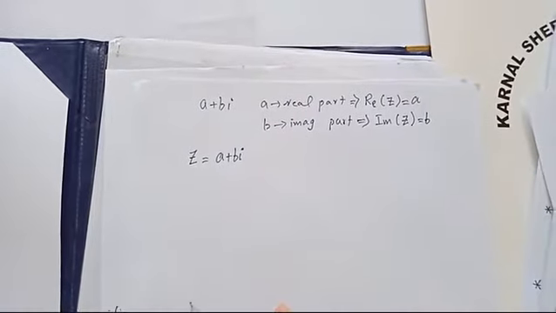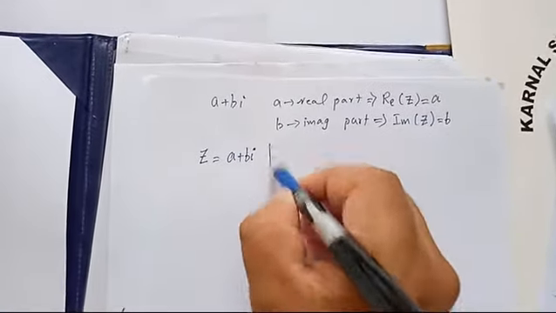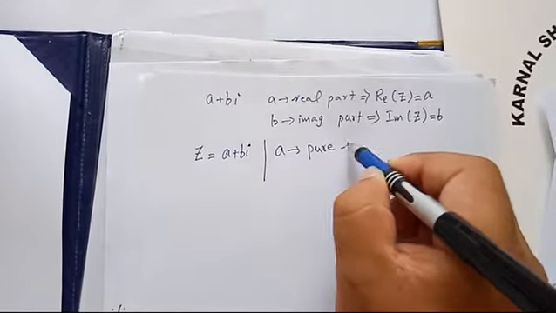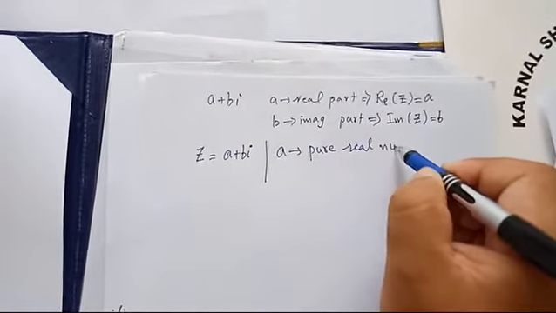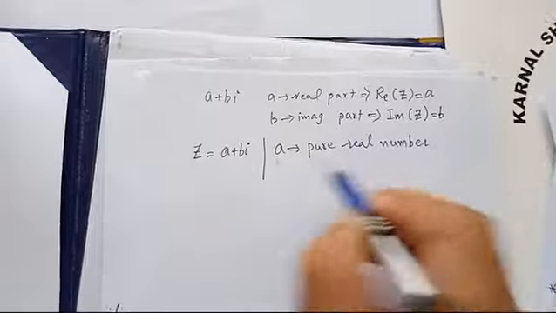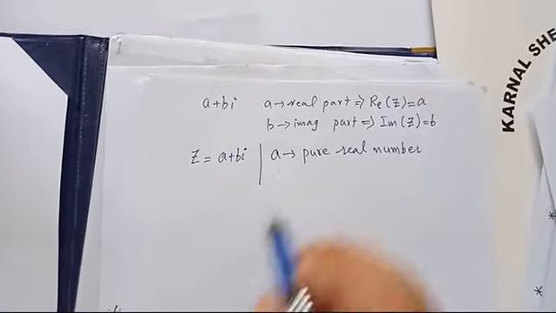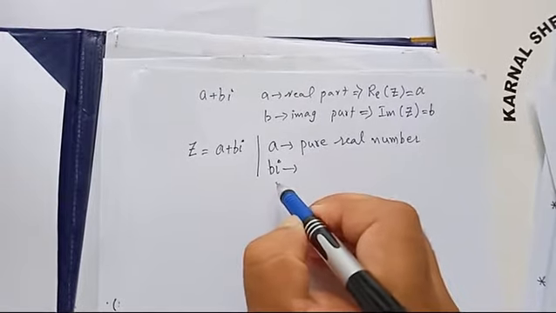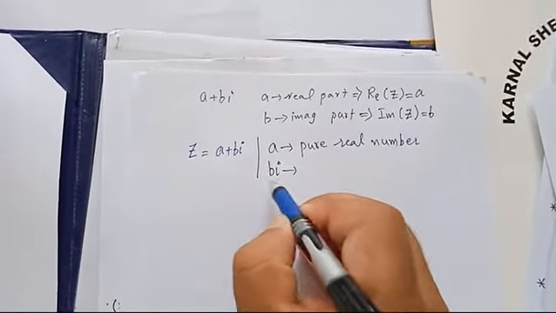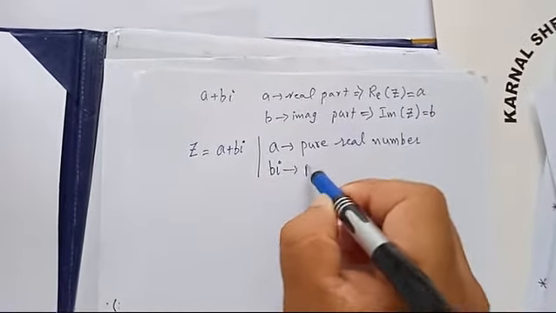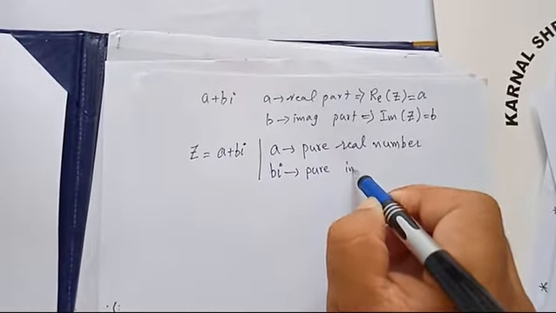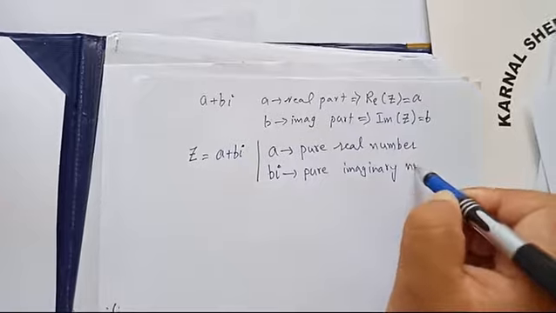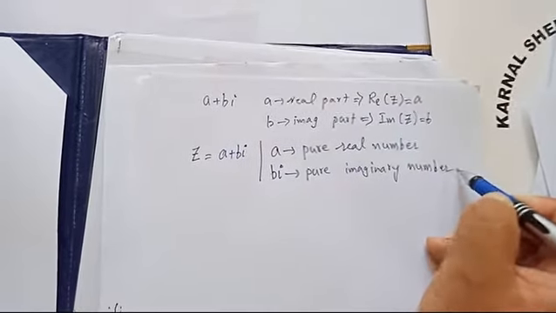This a is also called a pure real number, and this b iota, where the factor iota is included, is called a pure imaginary number.